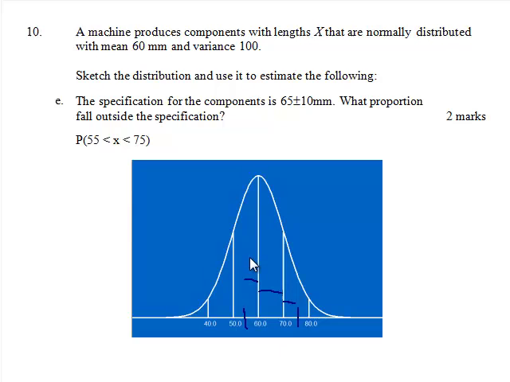So half of 34 is 17, plus 34 is 51, plus half of 14 is 7, so that's 58. So it's going to be about 60%, isn't it? Okay, the actual answer is 63%, so 60 would have been close enough. So the probability of the component falling between 55 and 75 millimeters is 0.63 or 63%.